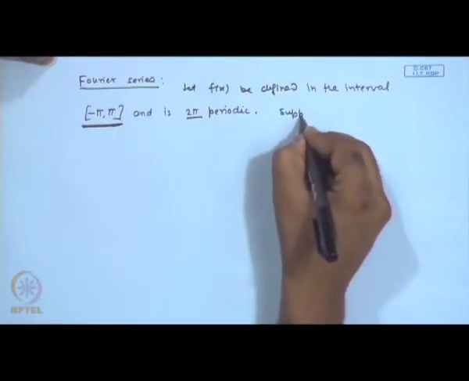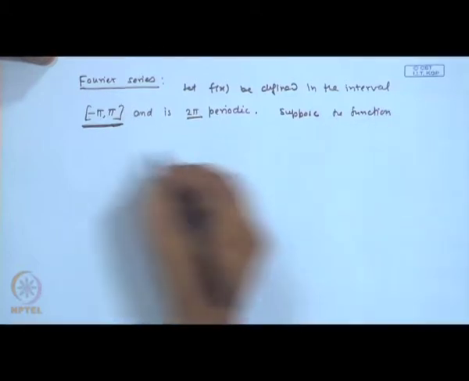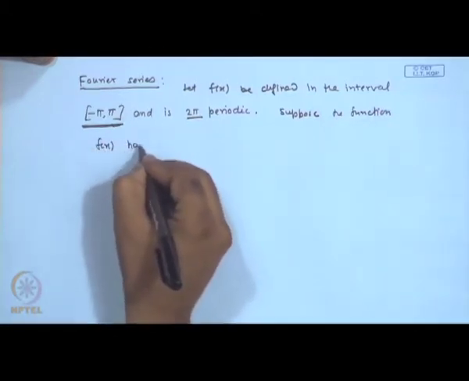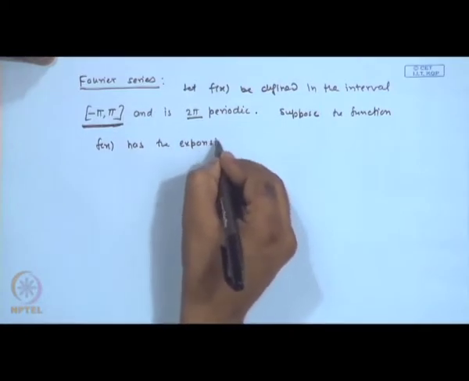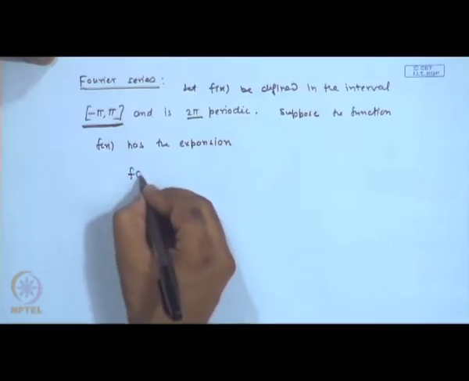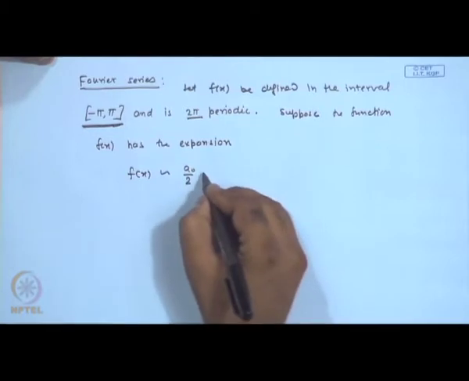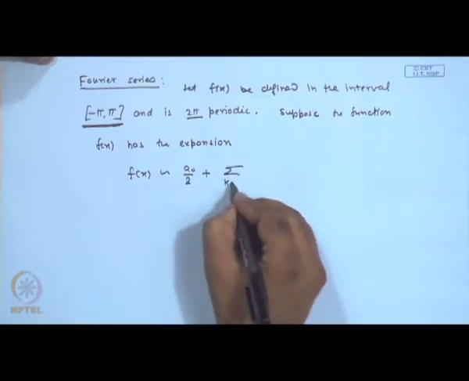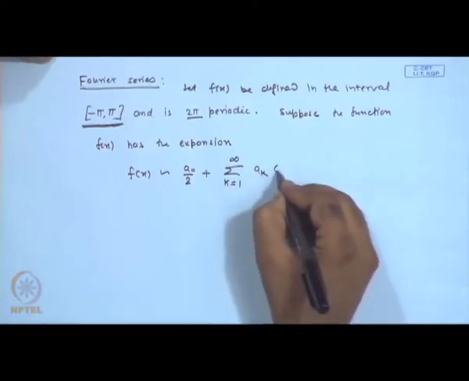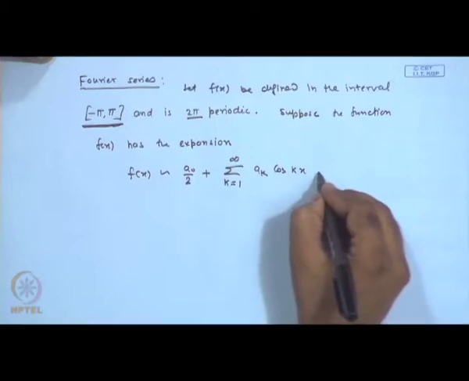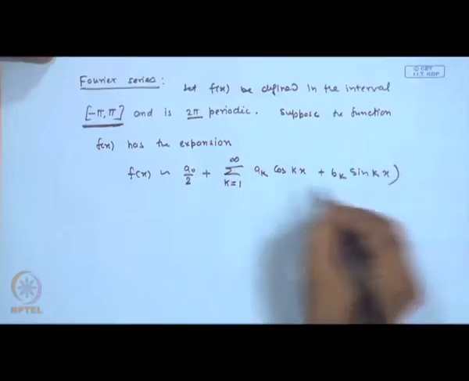So, now suppose the function f(x) has the expansion f(x) = a naught by 2 plus the sum from k equals 1 to infinity of a k cos kx plus b k sin kx.